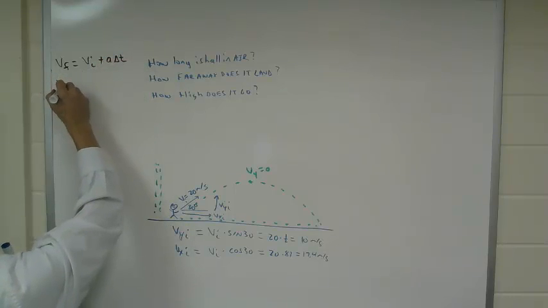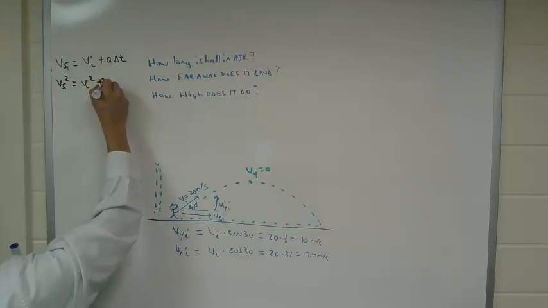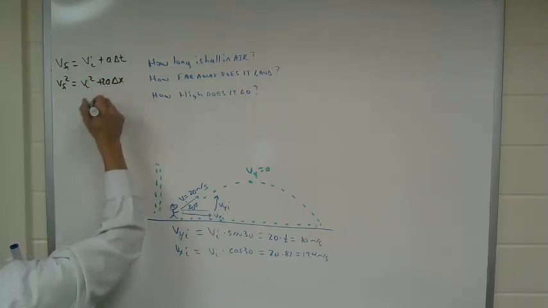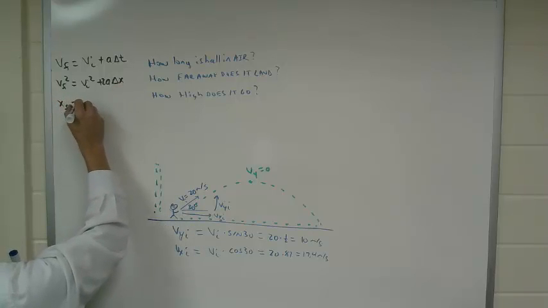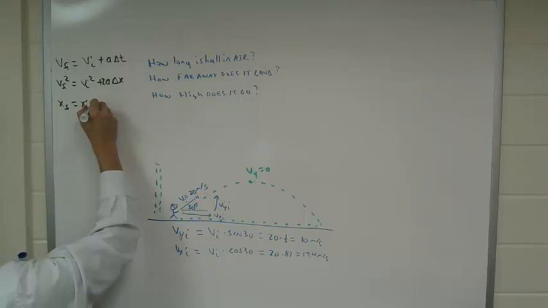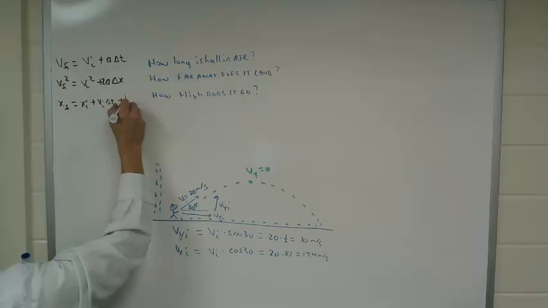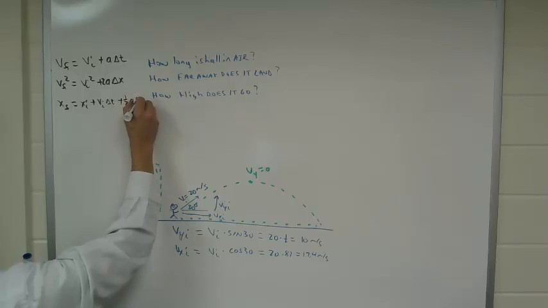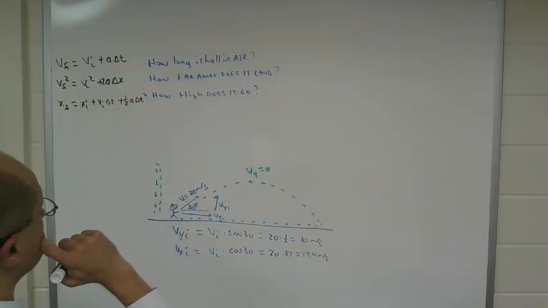We have V final squared is V initial squared plus 2A delta x, or that could be x or y. And then we have x final is equal to x initial plus V initial delta t plus 1/2 A delta t squared, where these x's could be y as well.